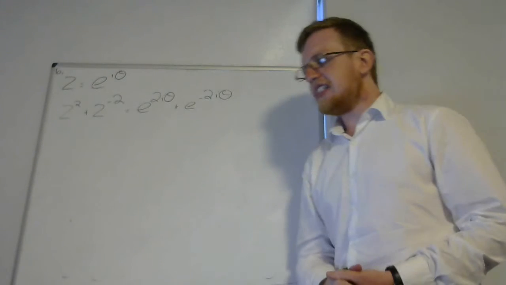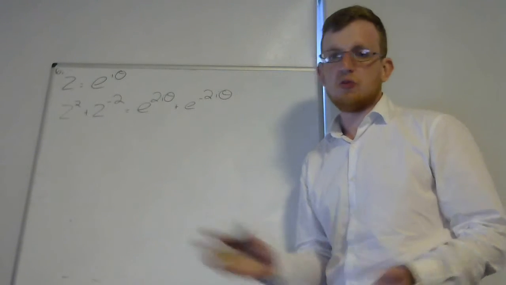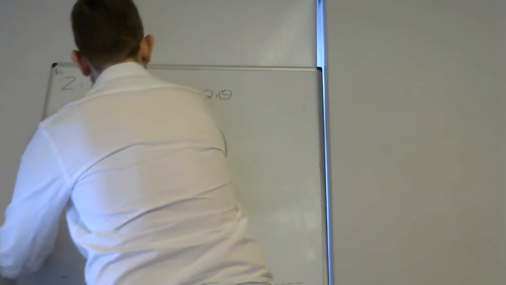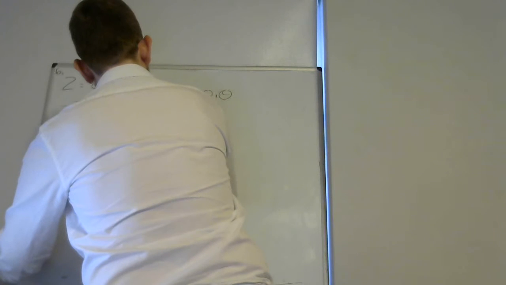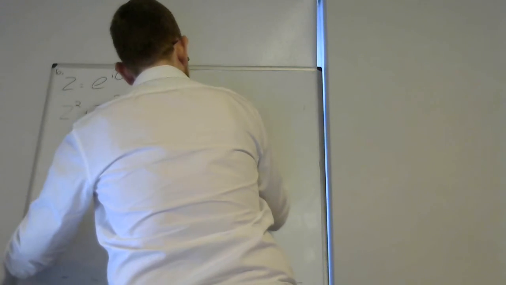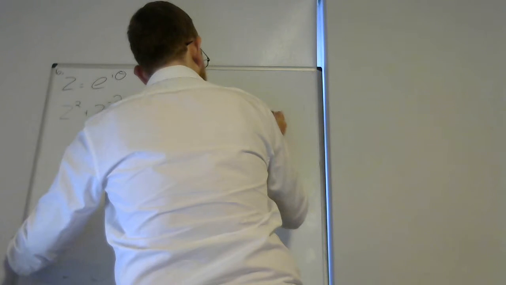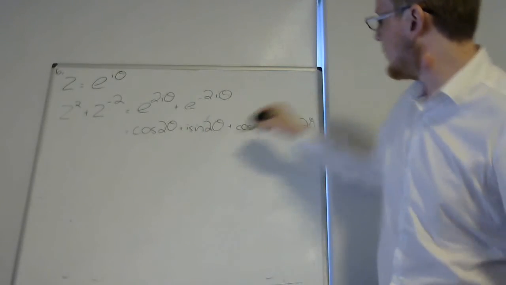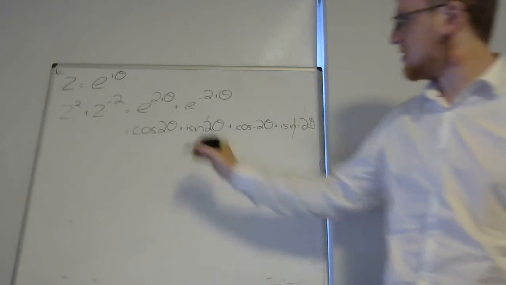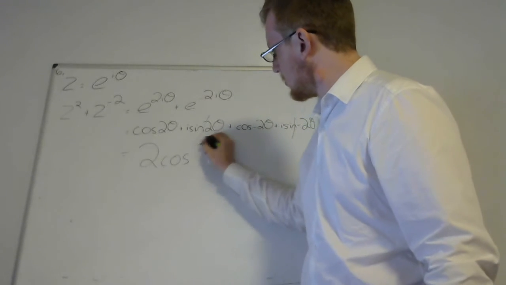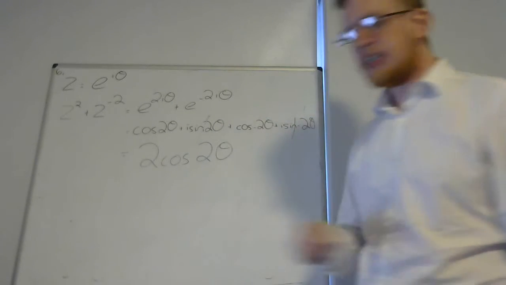And then we use exactly the same trick as before. Really easy, 4 marks actually, at the beginning of this question. So that would be cos 2 theta plus i sine 2 theta plus cos minus 2 theta plus i sine minus 2 theta. And just like before, the sines cancel out and the coses combine to give you 2 cos 2 theta.